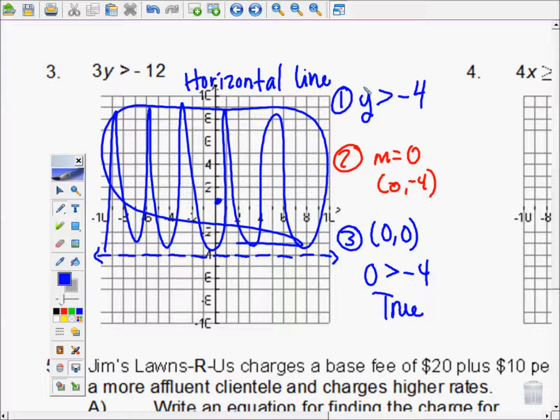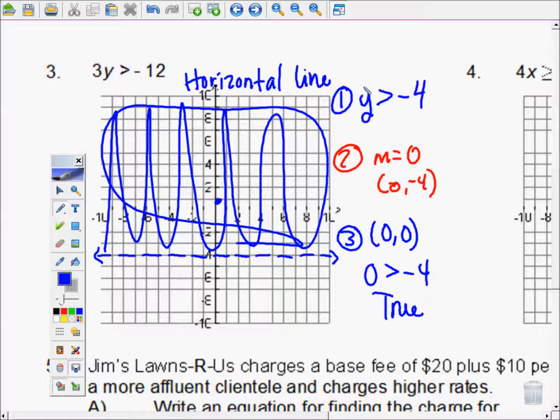Brittany, I really would love to answer your question, but I feel like I've answered it. If anyone else would like to interpret Brittany's question for me. Okay, so we are trying to figure out when y is greater than -4, right? Logically, y is greater than -4 when it's above it, correct?